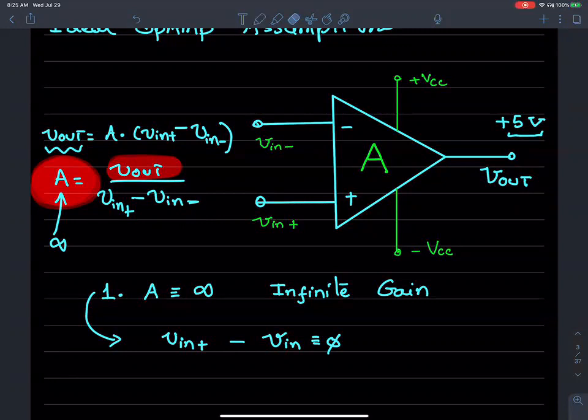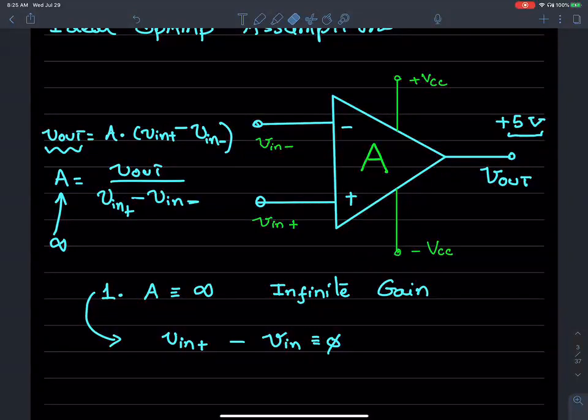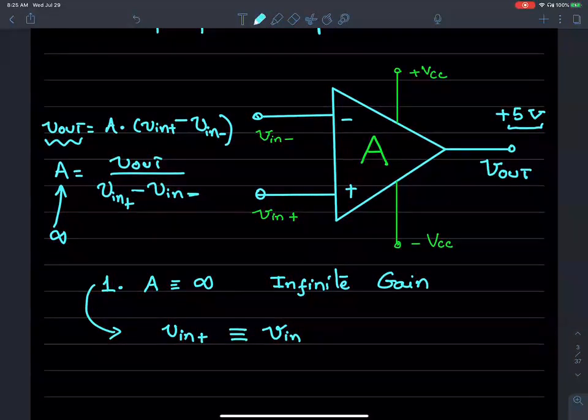Okay, so that's the ideal op-amp assumption based on the idea that the gain is infinity. If the gain is infinity, then the difference between the two terminals is really, really small, so much so that they're virtually the same. So this is called virtual short.